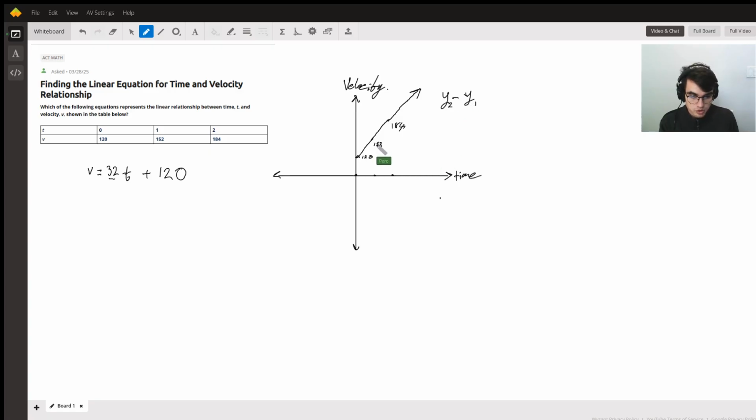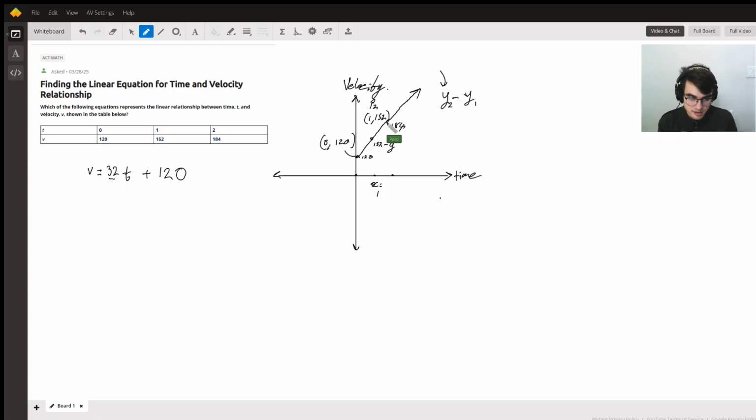The x here is 1, so the coordinate of this point would be 1 and 152 for x and y. This can be our point number 2, so our y2 comes from it. And this can be our point number 1: 0 and 120 for x and y.